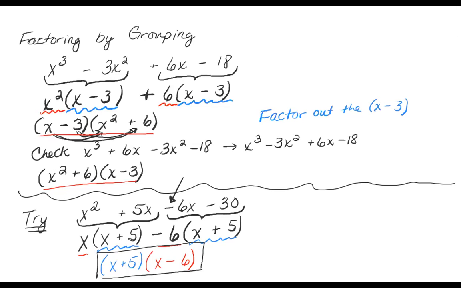Really the only way that things get a little bit more complicated is kind of threefold. One, numbers can get bigger. Two, you can have more variables or variables raised to higher powers, and that might make things a little bit more complicated, but we should still be able to handle it the same way. And then the third thing is that sometimes you have to do more than one thing.